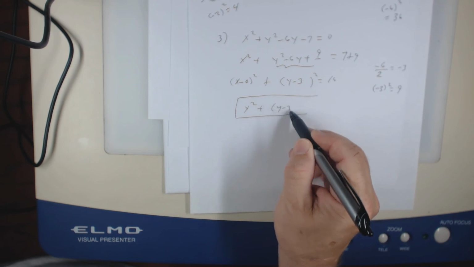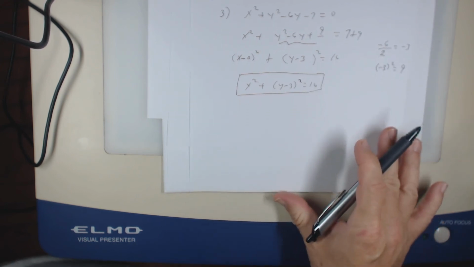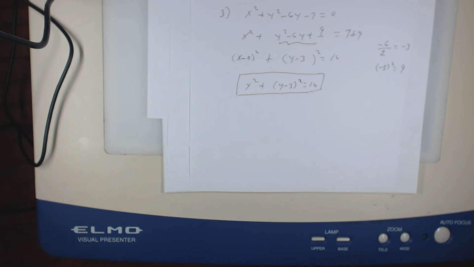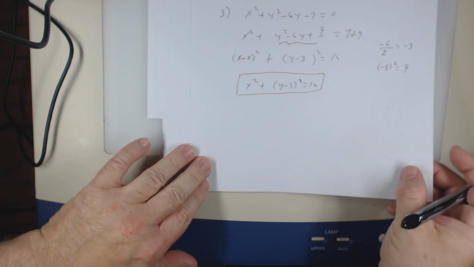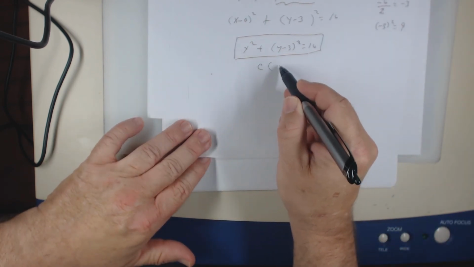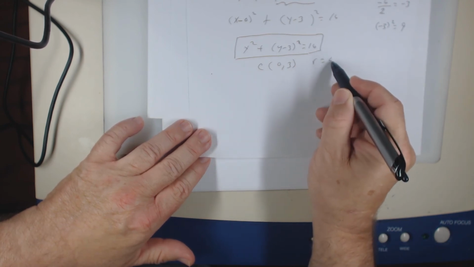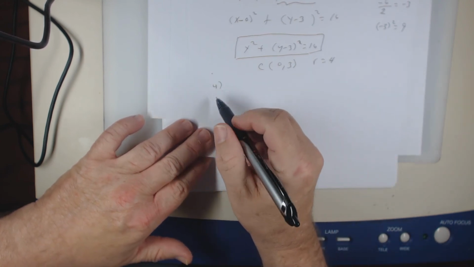Now plus y minus 3 squared equals 16. Okay? All right. And so what's the center? What's the radius? 4.